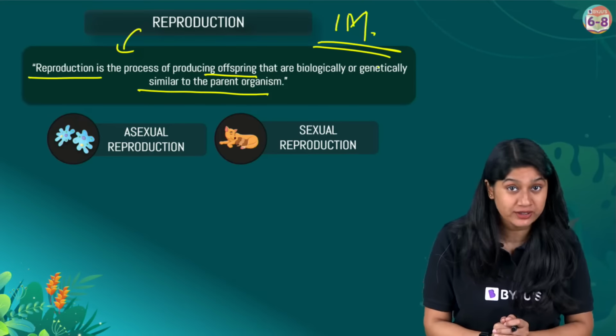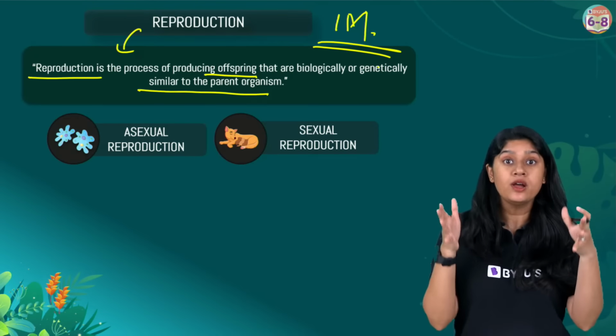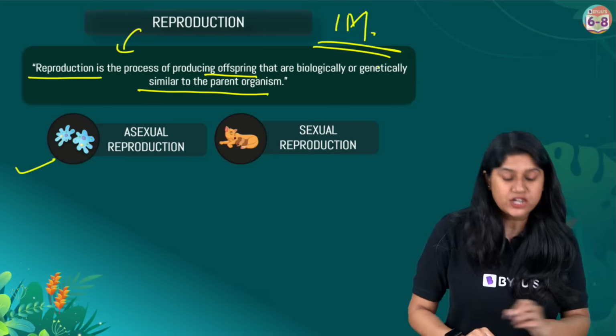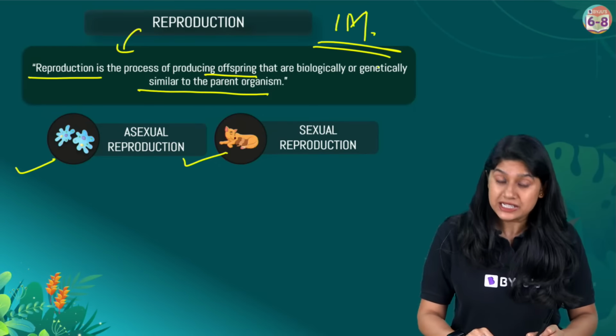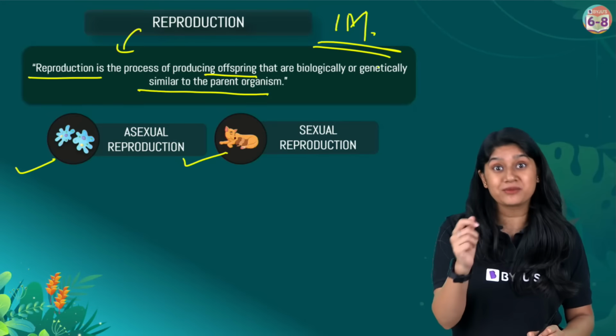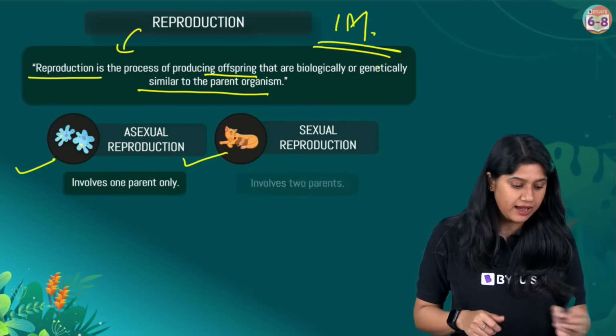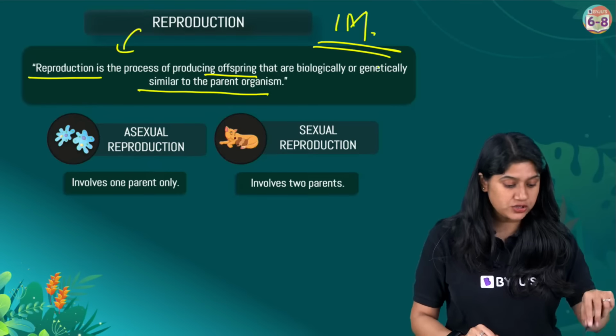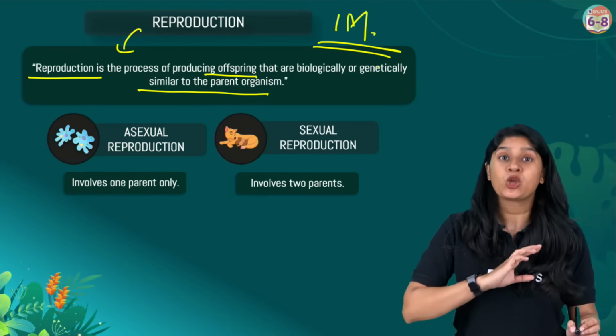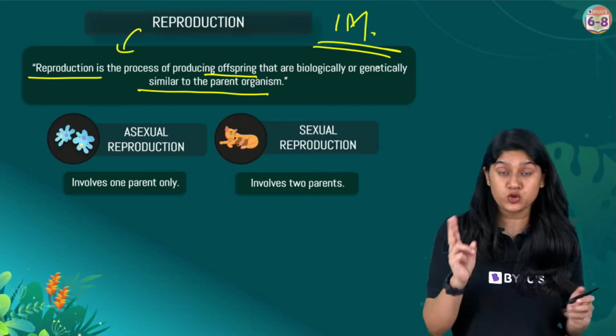Now reproduction can be categorized into 2 broad categories: asexual reproduction and sexual reproduction. Let's discuss these, because this is also a very important question from the exam point of view. In asexual reproduction, only one single parent is involved, whereas in sexual reproduction, we have 2 parents.